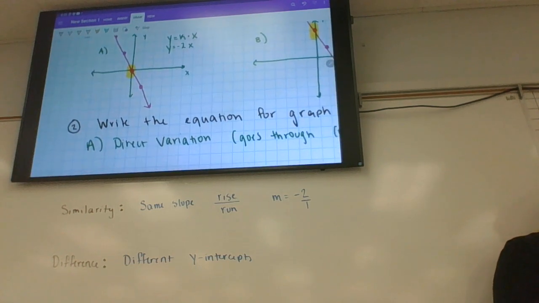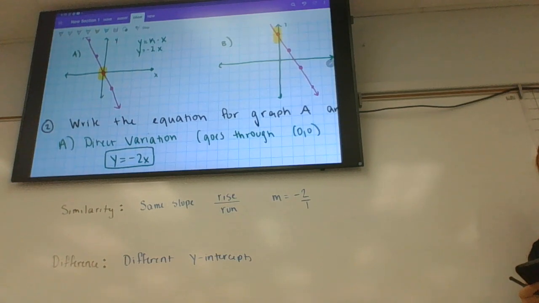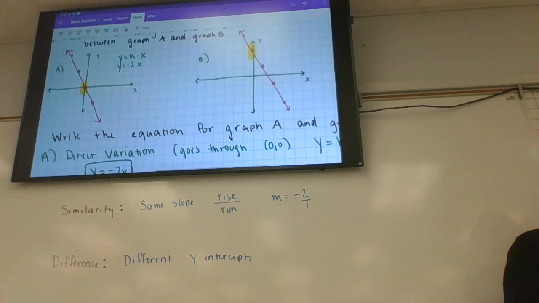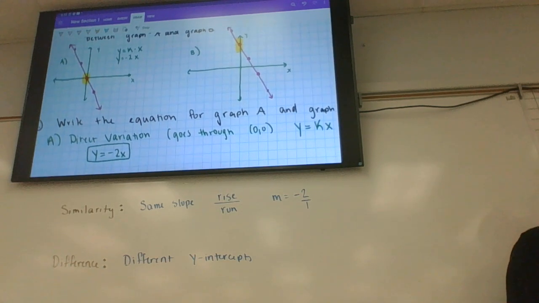So we could just say -2x. So our direct variation graph is y equals -2x because we know that k value, or you could even call it m for slope, is -2. Now, how do we think graph B's equation is going to look different?